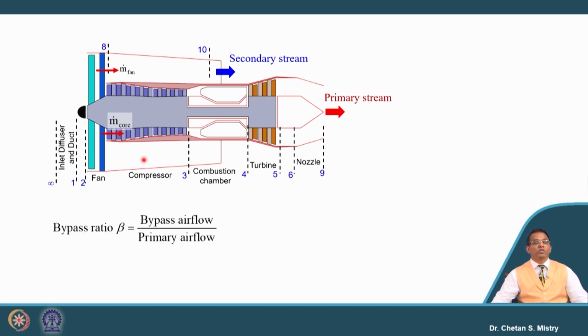let me introduce the parameter called bypass ratio. This bypass ratio is nothing but bypass airflow divided by primary airflow. Primary airflow is nothing but, I say, m dot cold divided by m dot hot. What do we mean by m dot cold? It is my fan airflow rate divided by m dot core.